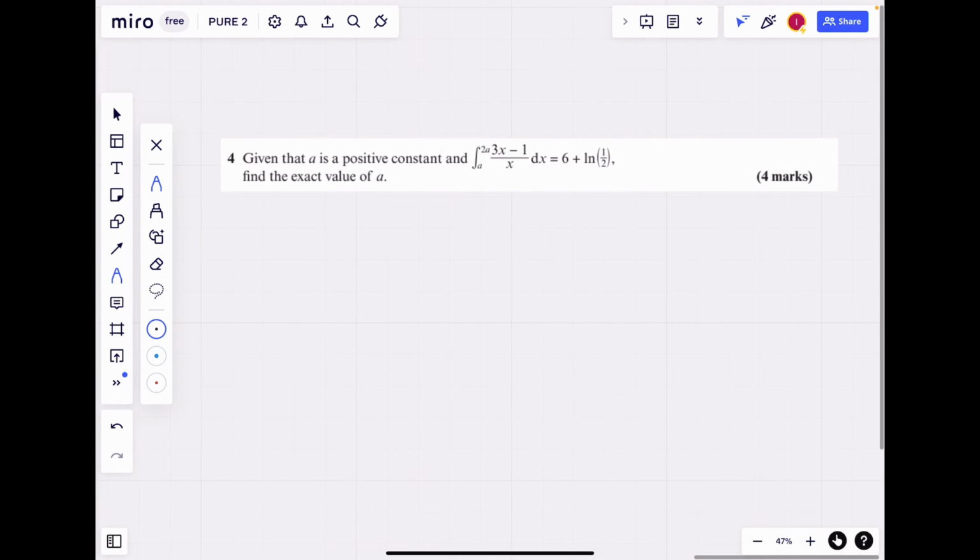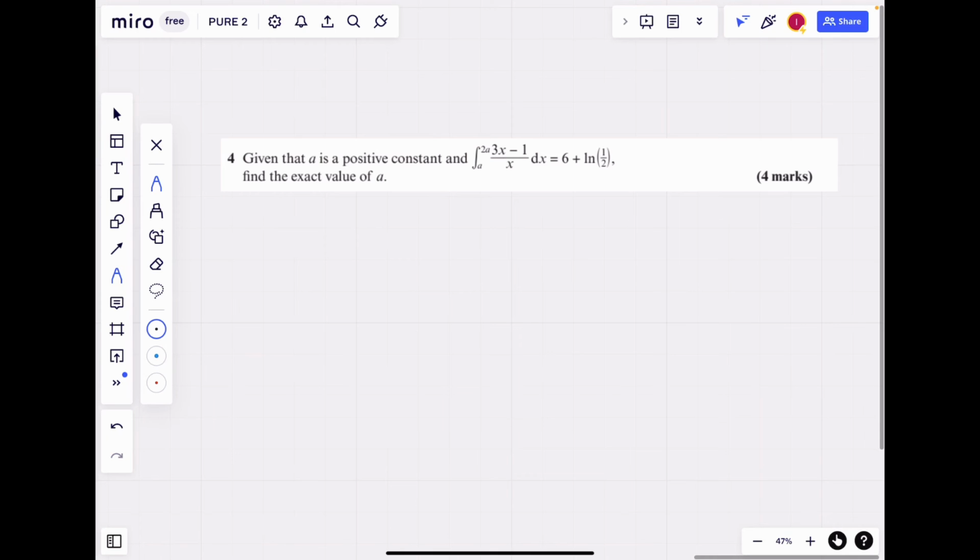Question 4. Give that one a go for me, please. So this one is very, very similar to the previous one, the one that we went over, 2x plus 1 over x.